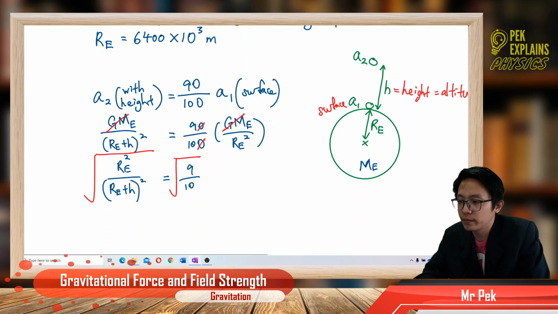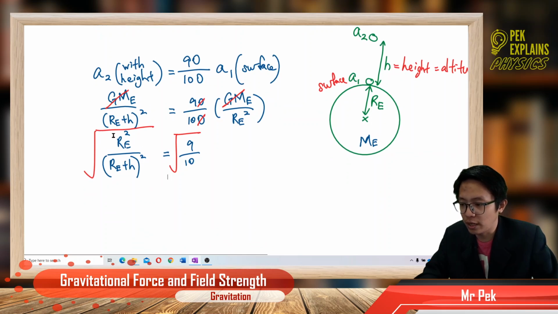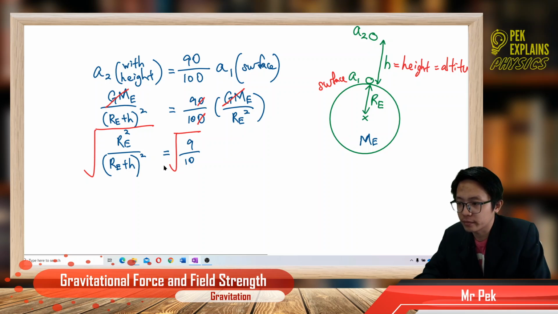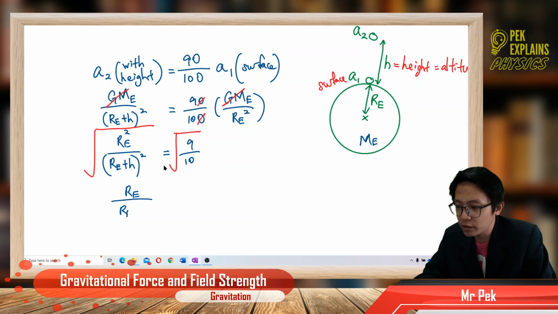Why we square root? Because we want to eliminate the square. So after square root, it becomes radius of Earth over radius of Earth plus h equals root of 9 over 10.